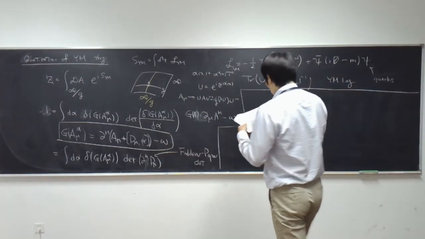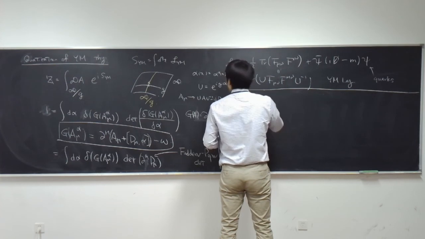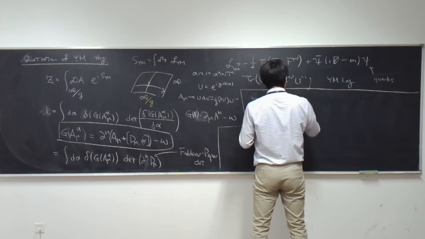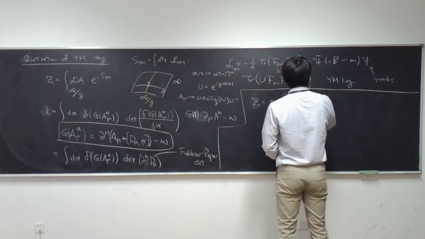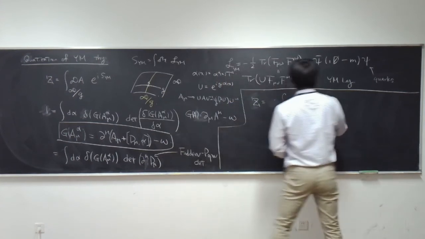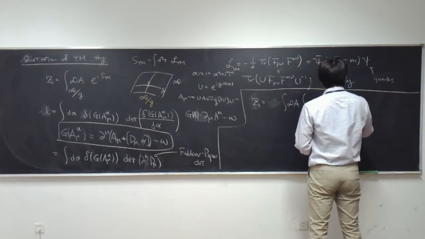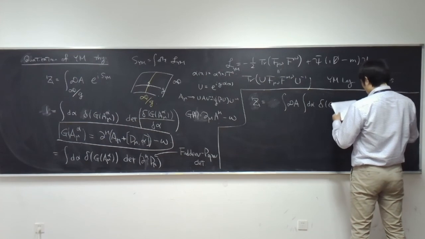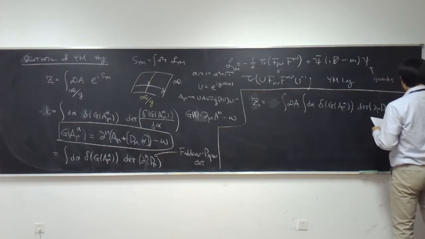The Z of Yang-Mills is some number times the integral dA, and we just insert this one, d alpha, plug that into here: delta G mu alpha, and the determinant of partial mu D mu, and e to the i S Yang-Mills.